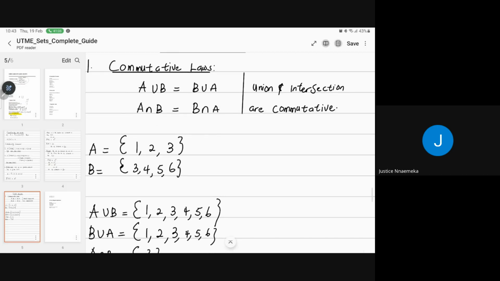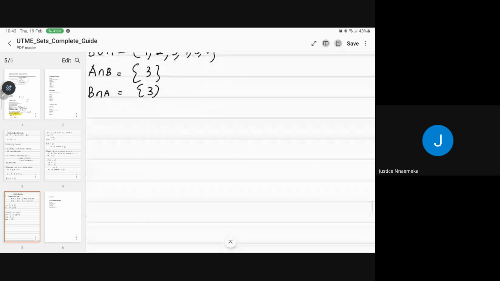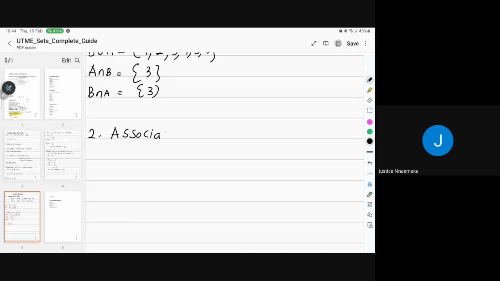So the next one is the associative law. Remember the associative law back then, when you were trying to multiply. I'll give you an example so you understand what I mean by associative. How do we normally do it? 3 times 2 plus 5 should be the same thing as 3 times 2 plus 5.